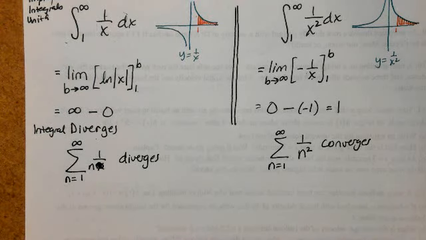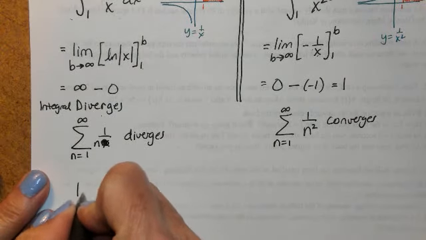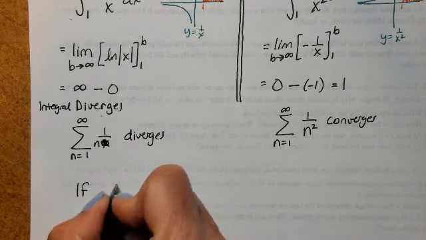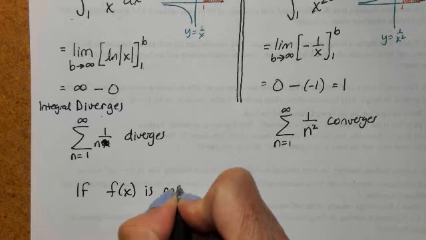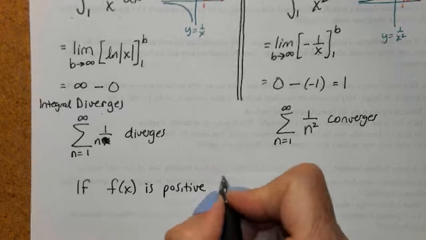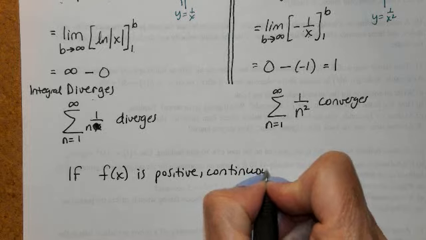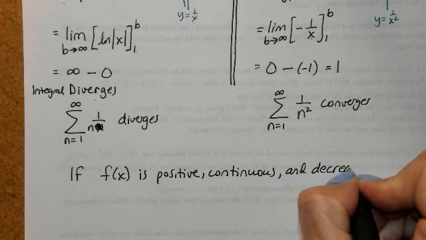Okay? Here's what the integral test says. If f of x is positive, it has to be positive, continuous, and decreasing.